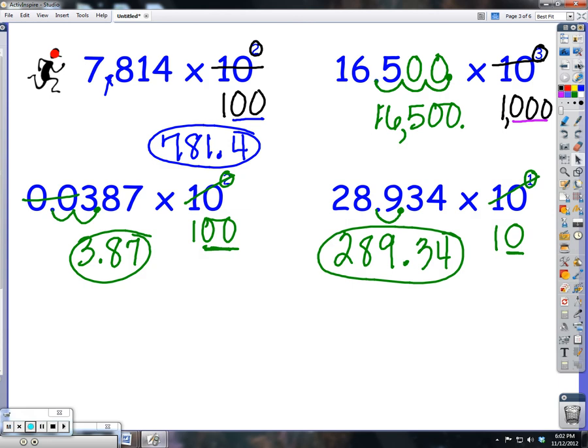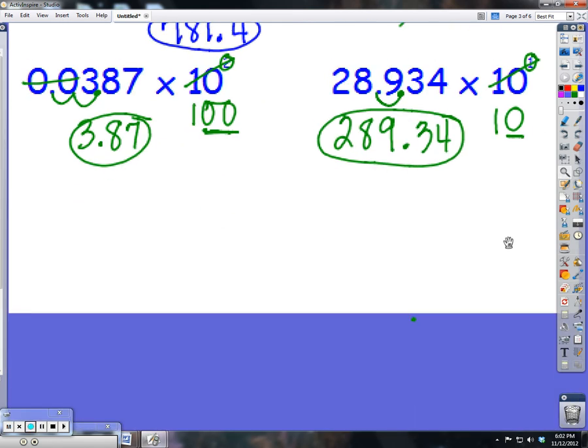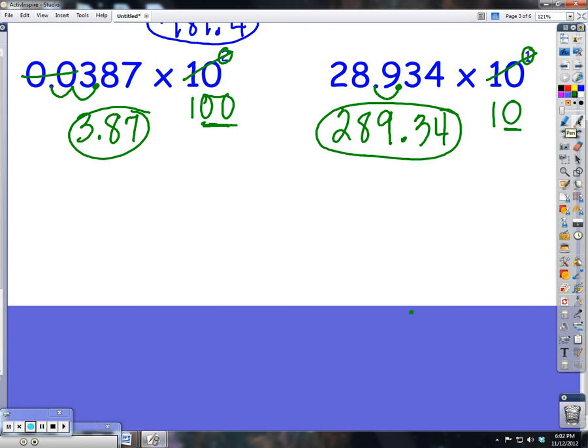Now, just 1 or 2 other real quick examples I think I might need to add on here. Let's say you had 3 4/10 multiplied by 1. Well, at first this may seem a little tricky, but let's think about it. When you multiply decimals by powers of 10, you move the decimal to the right by however many zeros there are.